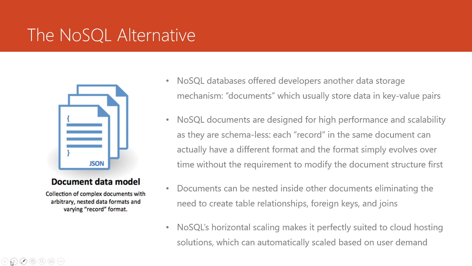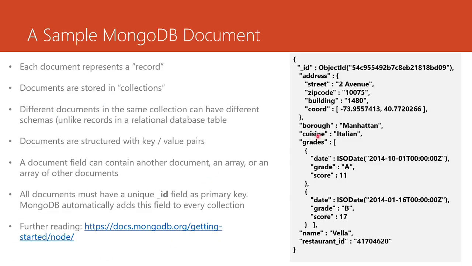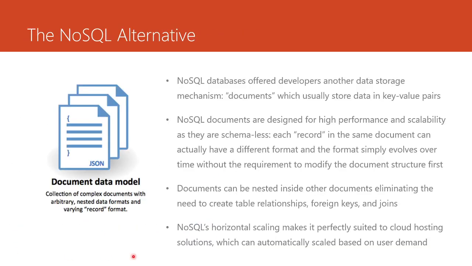Actually, let me go back and talk about a few things on here. Documents can be nested inside other documents, eliminating the need to create table relationships with foreign keys, or joining tables and stuff like that.